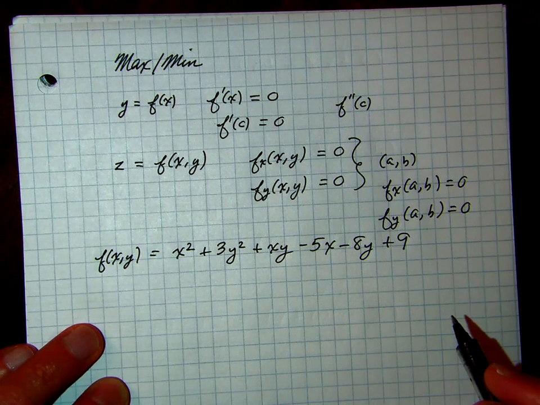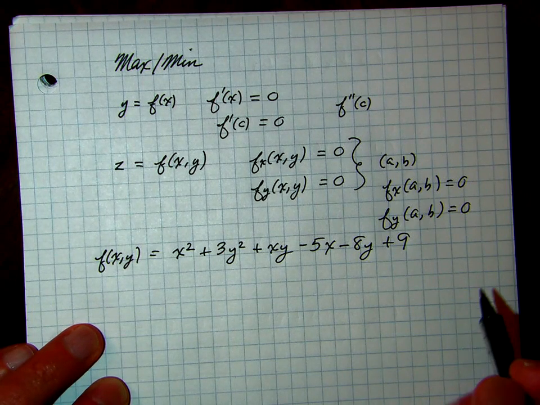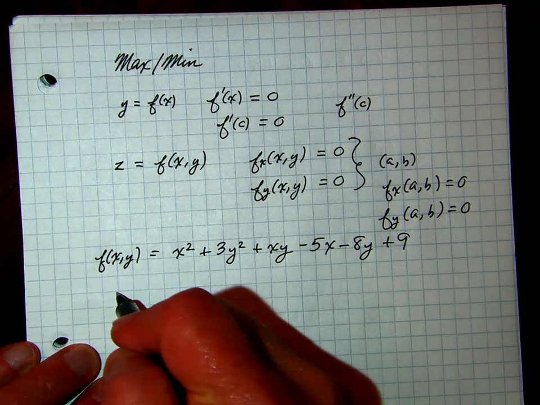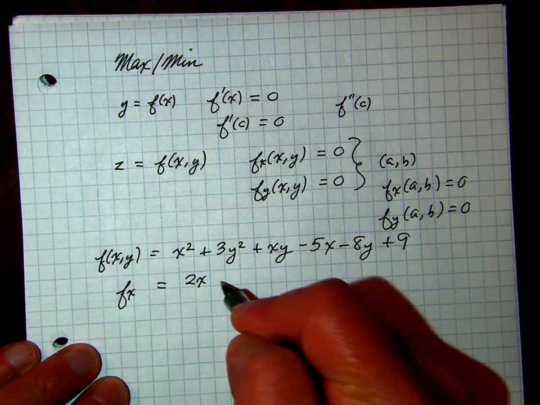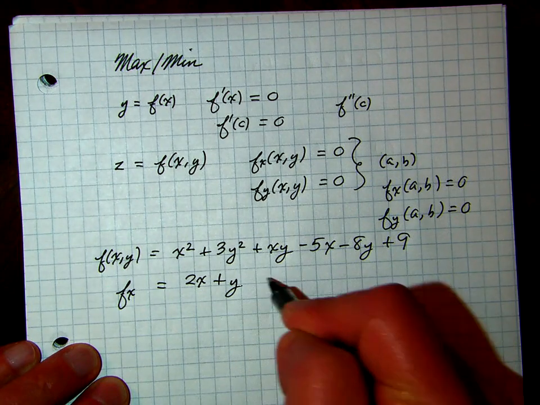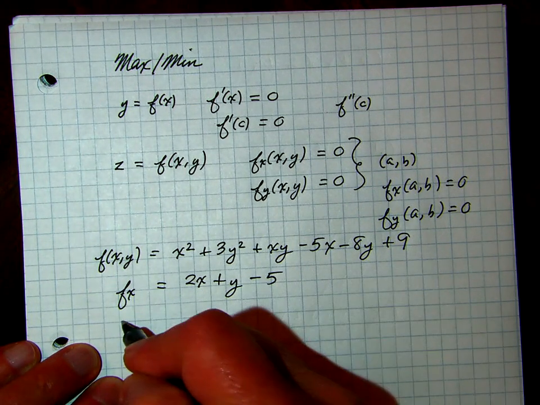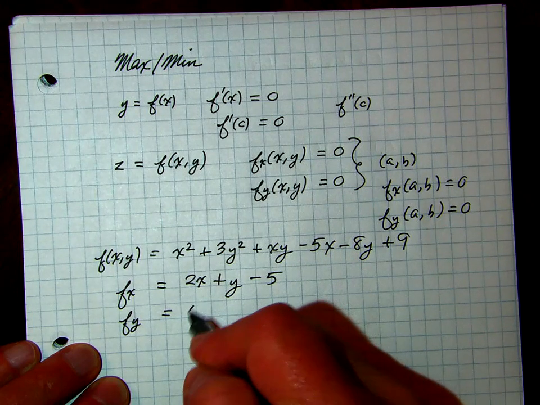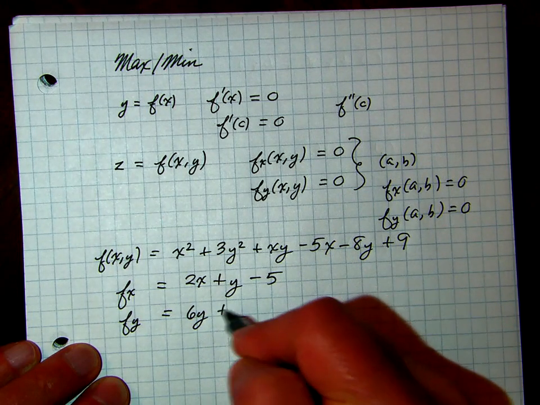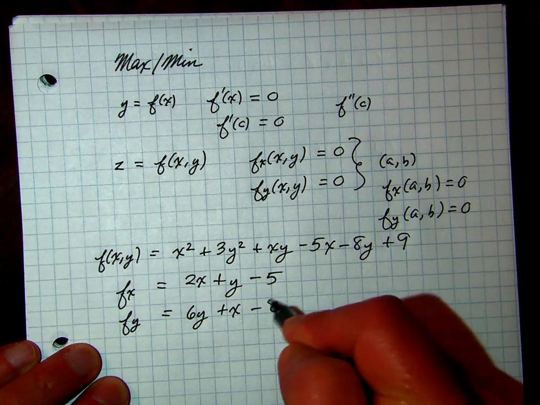That's just a polynomial, so the partial derivatives are fairly easy to find. Fx is just 2x plus y minus 5. Fy is simply 6y plus x minus 8.